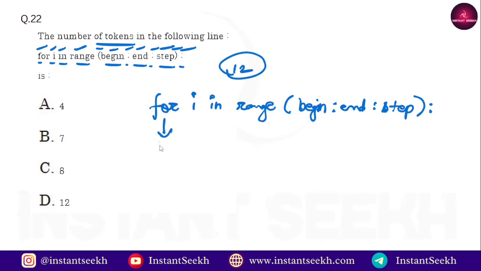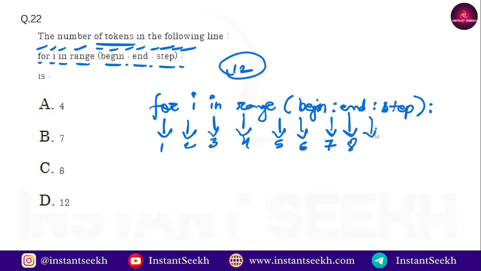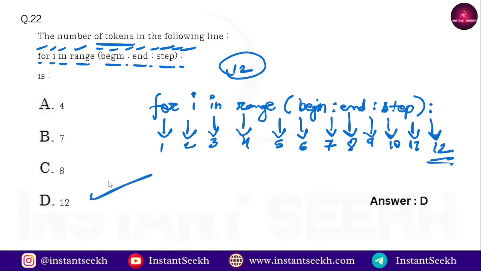So this is your first token, 1, then 2, 3, 4, 5, 6, the fifth one is a parenthesis, then 7, 8, 9, 10, 11 and then your 12. So the total number is 12. That is your option number D, your correct answer for this particular question. Let's move on to the next.